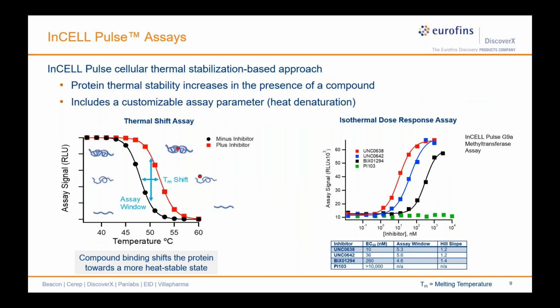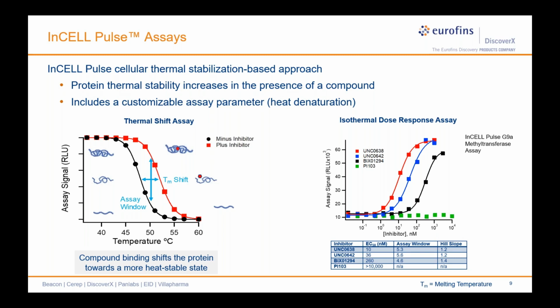So this slide shows two examples of how InCELL Pulse assays are performed. On the left, we have what we call the thermal shift assay. And here you see graphed on the y-axis, we have the output, the light output of the assay, and on the x-axis, we have the temperature increasing from left to right.